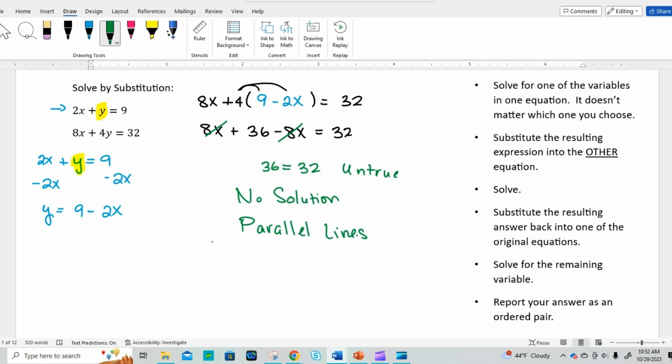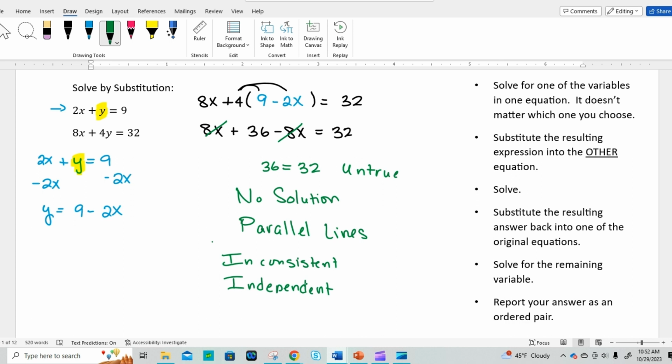If I want to use some of my vocabulary from the beginning, that would be inconsistent and independent, because I can see two lines. So inconsistent because it does not have a solution, independent because if I were to look at the graph, I would actually see two individual lines.